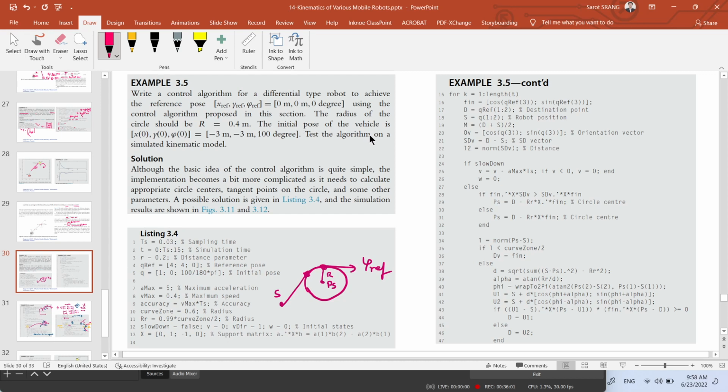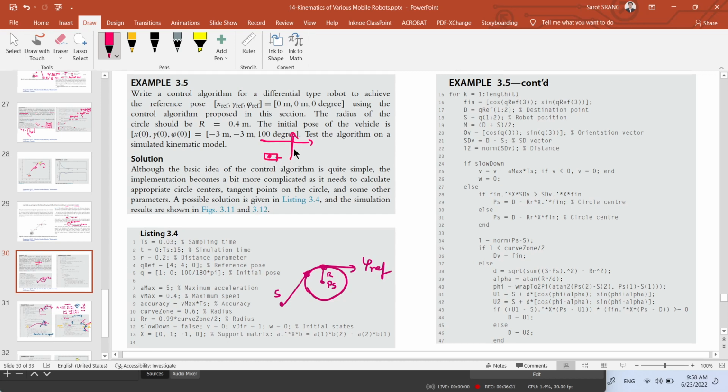The initial position of the vehicle is at -3, -3, and 0 degrees. Let's say this is the coordinate of x and y. So -3, -3 is here, and the initial orientation of the robot is like this.